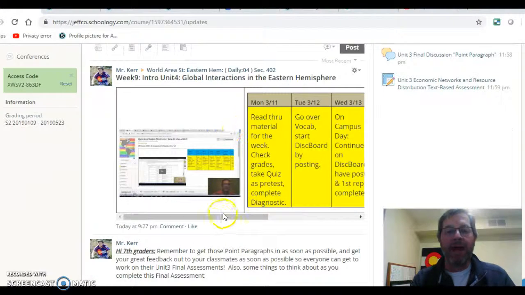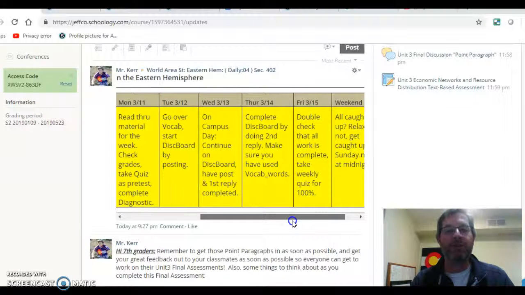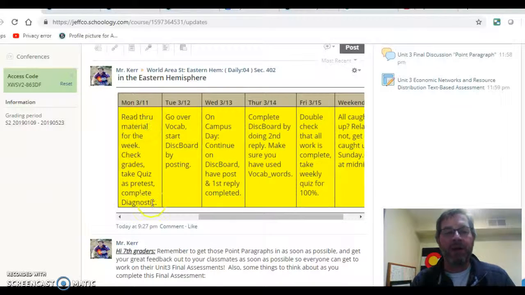Before we go, as always, this is my suggested schedule. I really strongly suggest that you go through and stick to the schedule. I know some people like to work mostly on social studies one day out of the week or so. I strongly recommend doing a little bit of social studies each day over the 5 days.